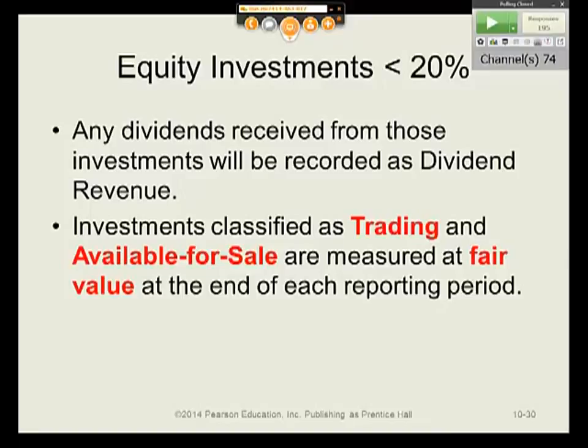Now, we're going to find out that, of course, you get dividend revenue and, of course, capital gains. But the key is that trading and available for sale can be measured at fair value. And one of the things that we said at the beginning of the semester is that there are some exceptions to historical cost, and this is one of them. So investments in trading securities or available for sale securities can be measured at fair value.